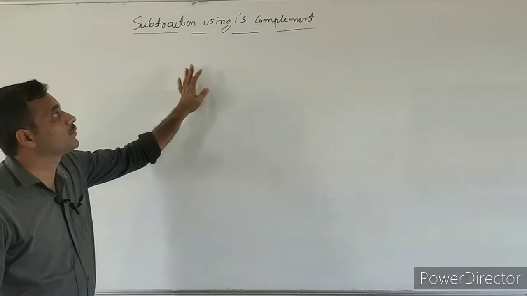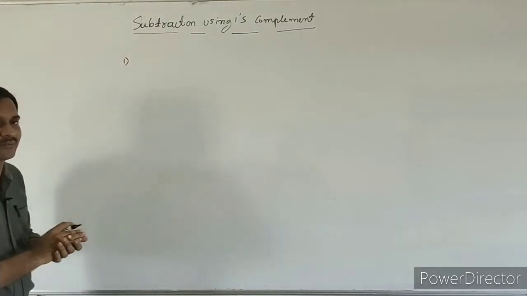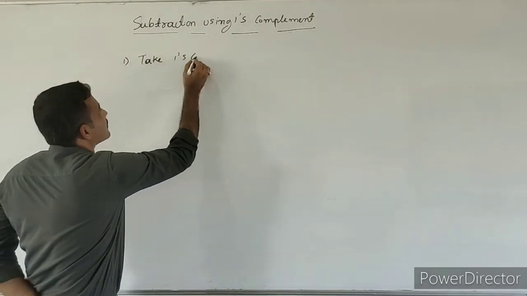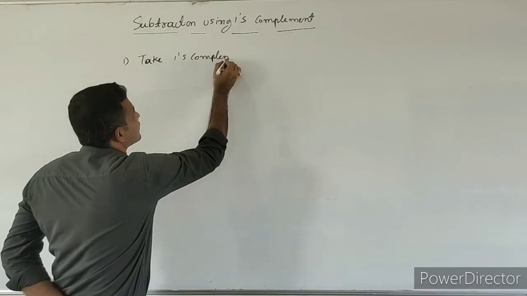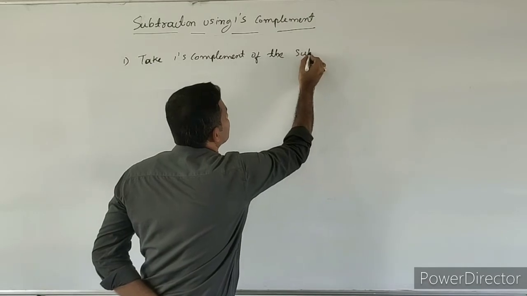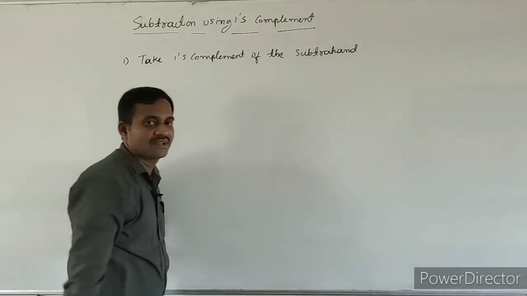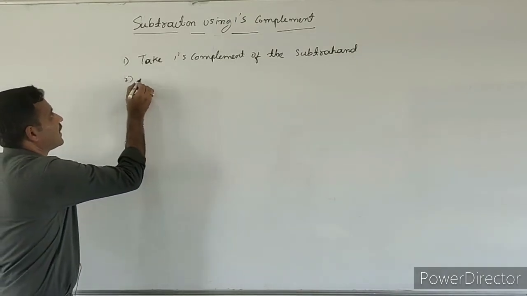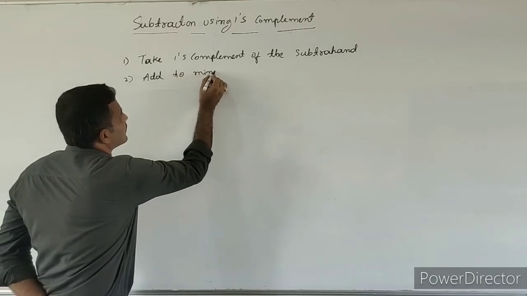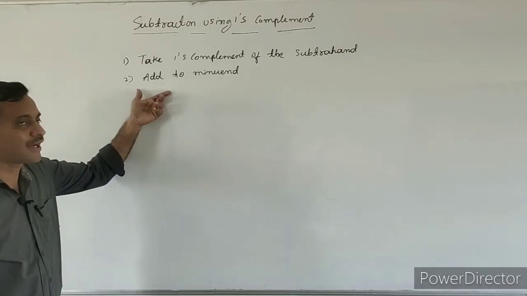Okay, subtraction using 1's complement follows the following steps. In the first step, take 1's complement of the subtrahend. Then add to the minuend.